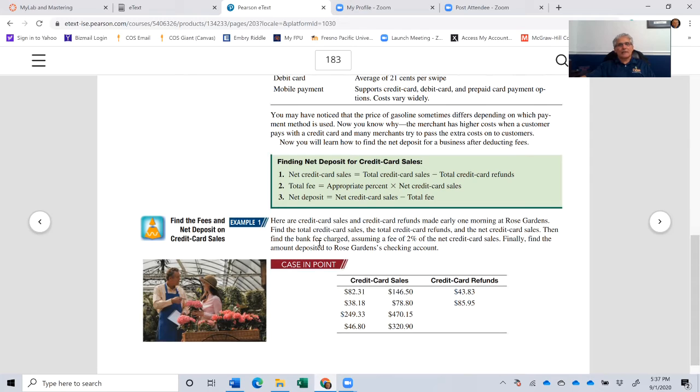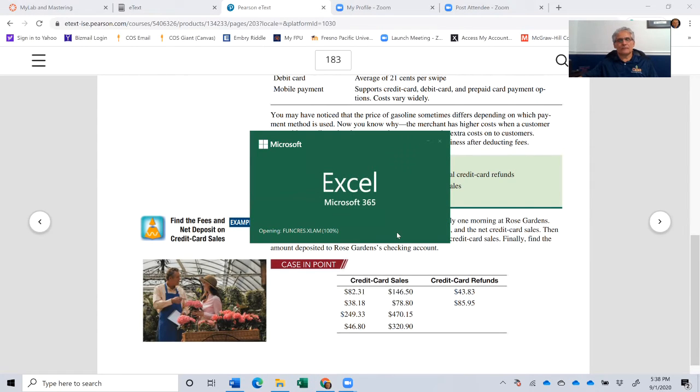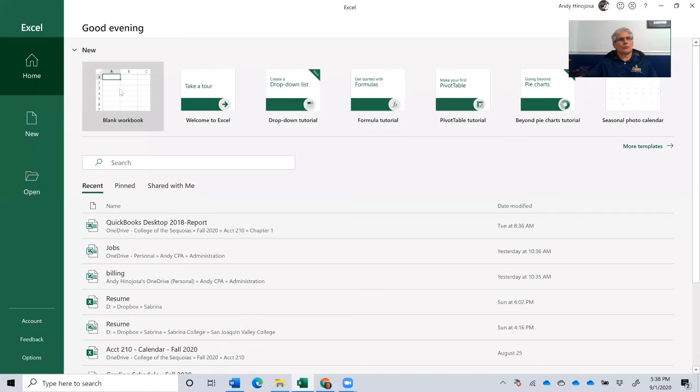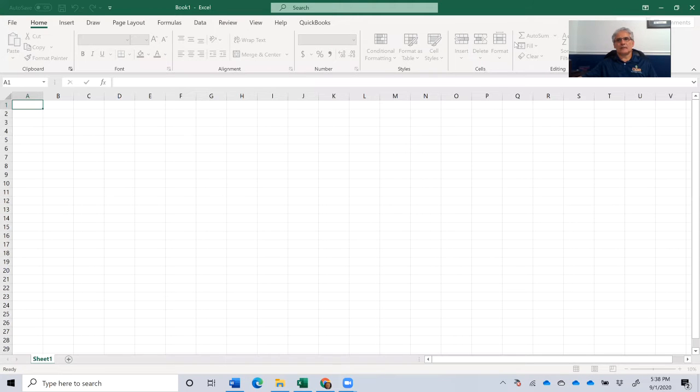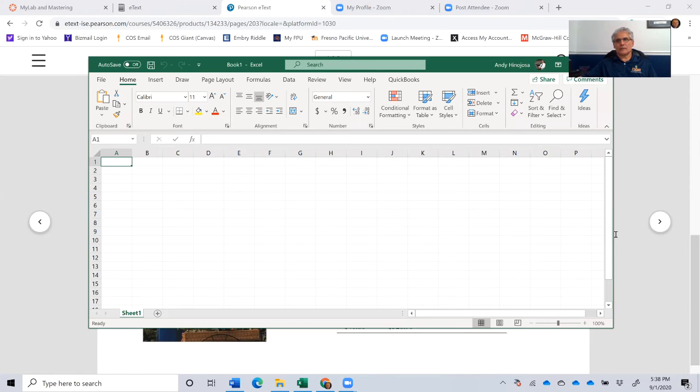Then find the bank fee charged, assuming a fee of 2% of the net credit card sales. Finally, find the amount deposited to Rose Gardens checking. So this is pretty straightforward. If you have your calculators up, you can run these real quick. I'll use a spreadsheet here so that we can run through this quickly.